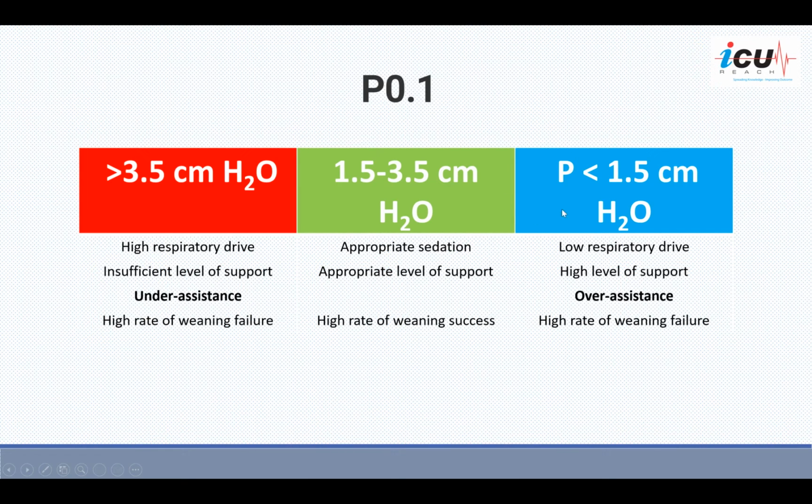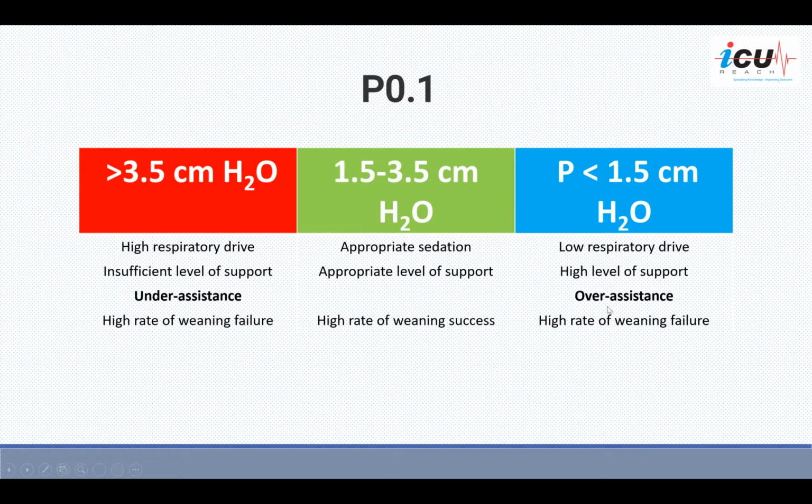If the P0.1 is less than 1.5, that may indicate either the patient has low respiratory drive, meaning that the patient is oversedated, or of course his respiratory drive is inhibited because of intoxication, drug use, or pathology in the CNS.